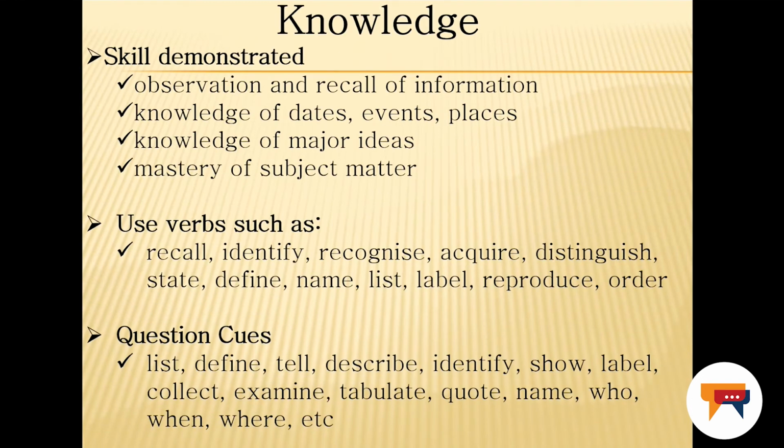Knowledge. When using the knowledge level in writing your objectives, you could use verbs such as recall, identify, recognize, acquire, distinguish, state, define, name, list, label, reproduce, order, to name just a few.